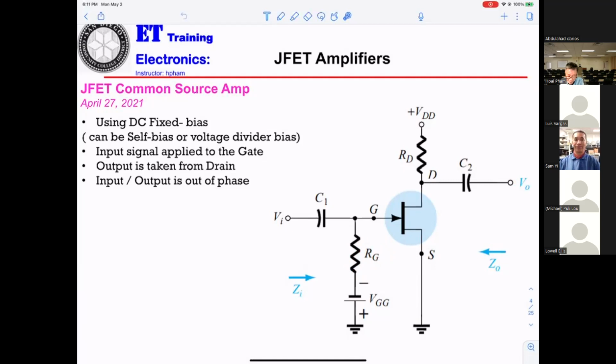Normally the voltage at the gate and the voltage at the VGG will be the same. Okay. If you look into the circuitry, this resistor will be very big. So that means no current can flow through RG.